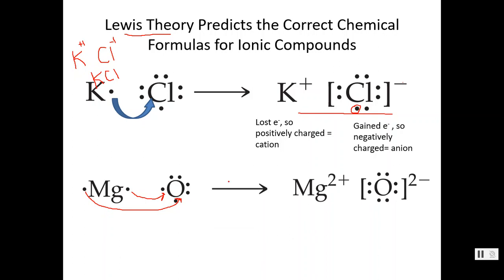So we can say that the correct ionic compound formula for magnesium and oxygen is just MgO. And again, magnesium is going to have a +2 charge because it lost 2 electrons. Oxygen gained 2 electrons, so it's going to have the -2 charge. And it's in brackets because of the notation for Lewis dot structures and anions.